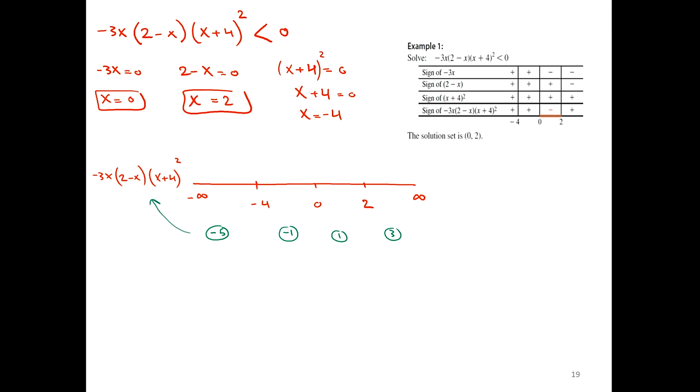Negative 3x is positive, 2 minus x is positive, and x plus 4 is negative, but with the square it is positive.